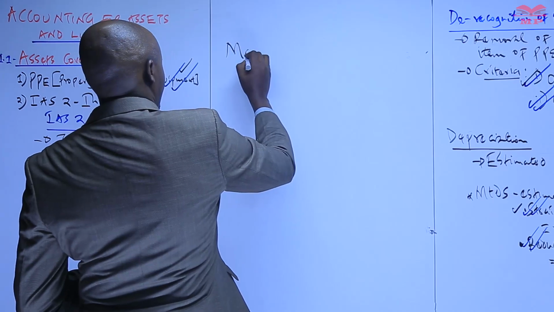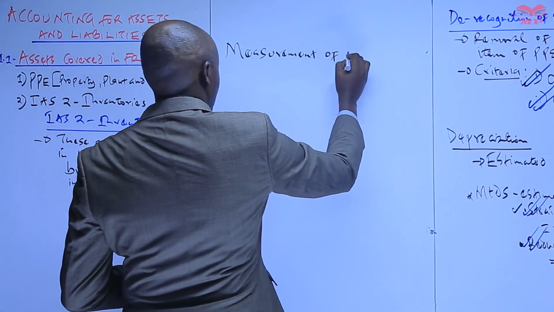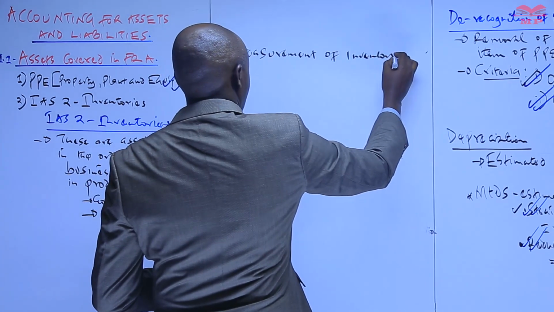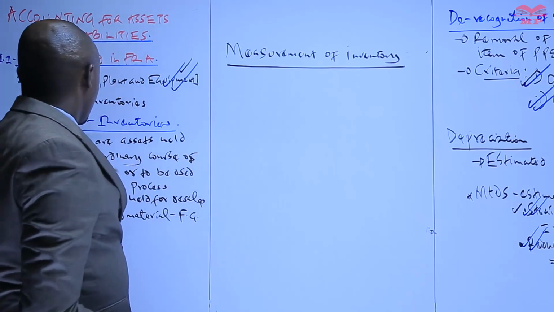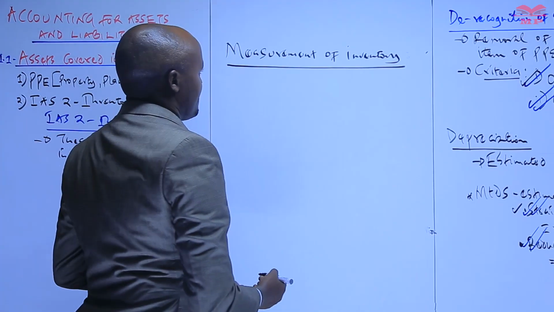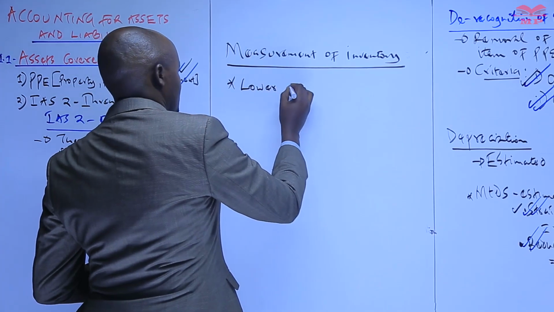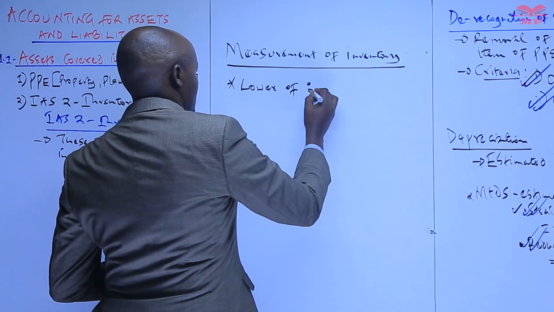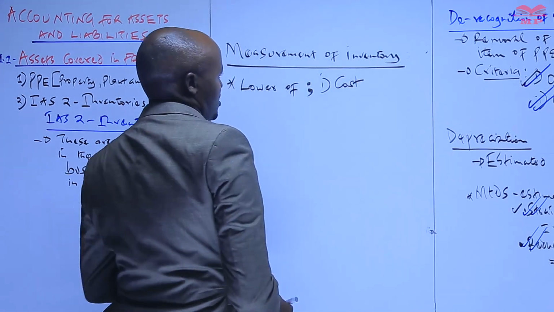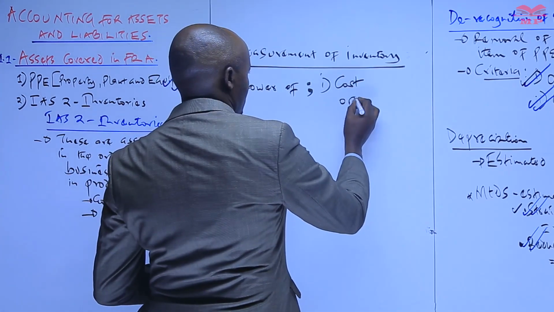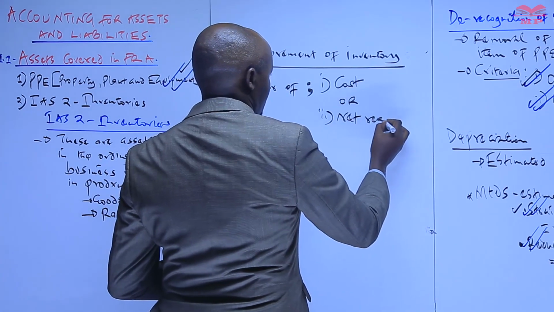According to International Accounting Standard number 2, inventory should be measured at the lower of two values. Number one, the cost of the inventory, or number two, the net realizable value.